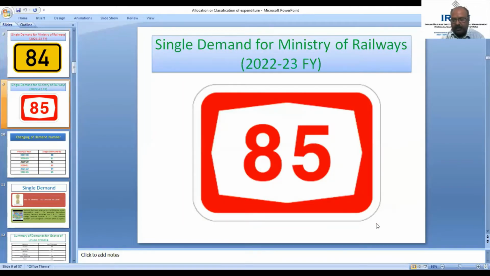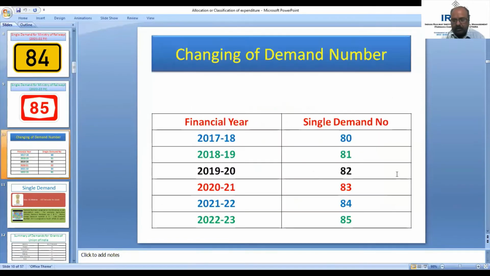Is it moving now? Yes, it moved. Now it shows 85. Okay, right. Thank you.